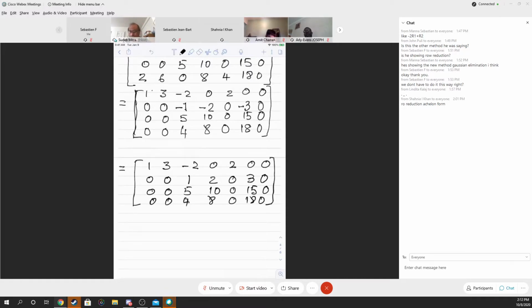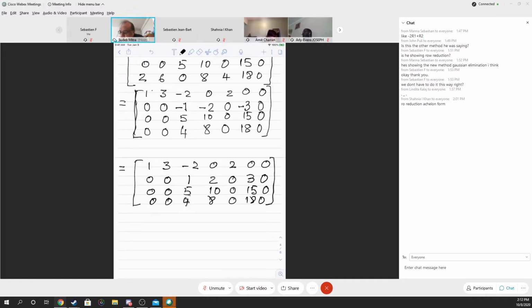Now what? So making one diagonally and everything else is 0. Now what do you do? So 1, 3, good. 0, 1, right. I want to make this 0.